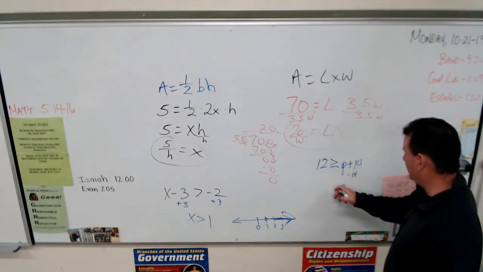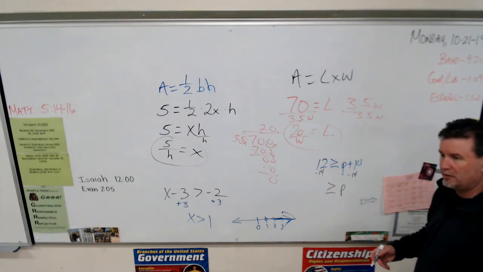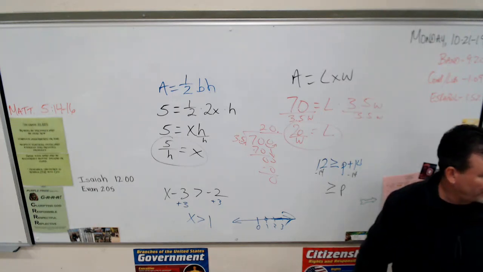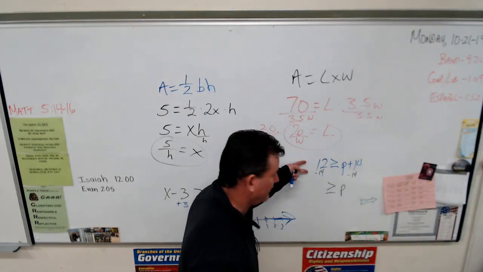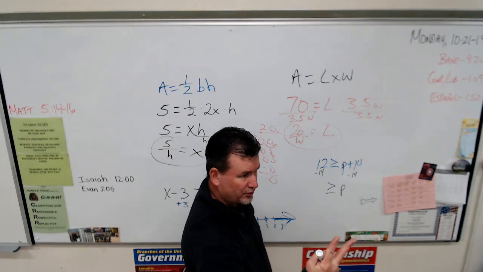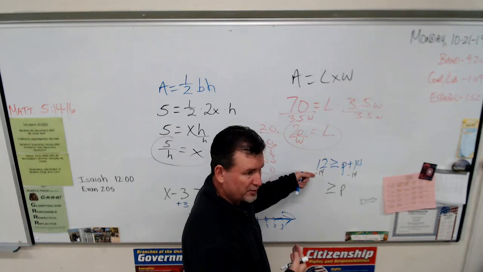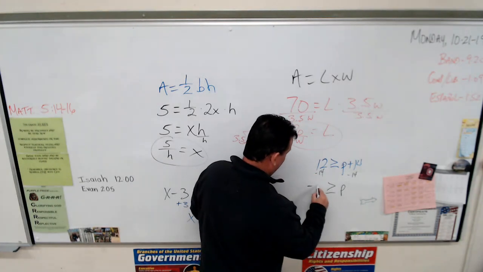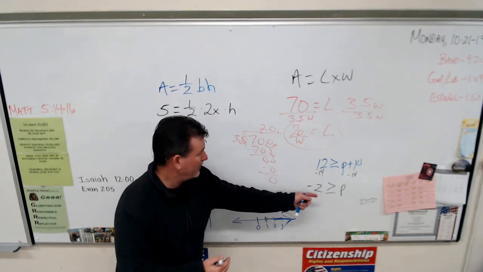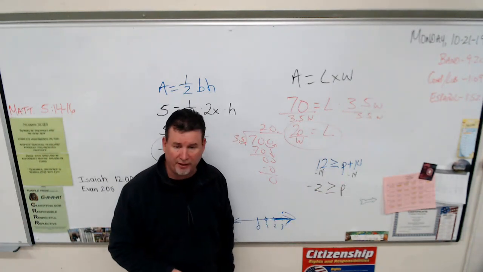That leaves me with P over here. If I subtract 14 from this side, you get negative 2. The signs are different. Find the difference between 14 and 12, which is 2. Which one has the greater? 14. So it's negative 2. P is less than or equal to negative 2.